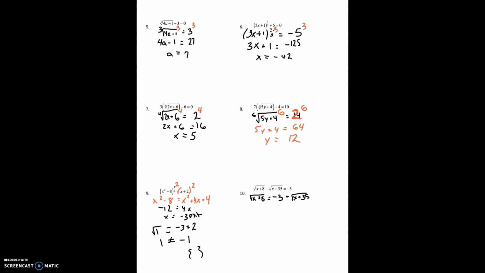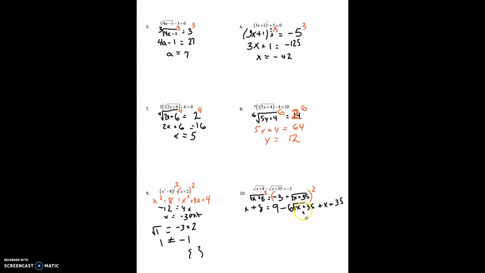Now this last one here, we have isolated one radical, so you're going to square both sides again. Put those parentheses around the expression. So we get x plus 8 equals 9 minus 6 root x plus 35 plus the radicand comes out now, x plus 35.